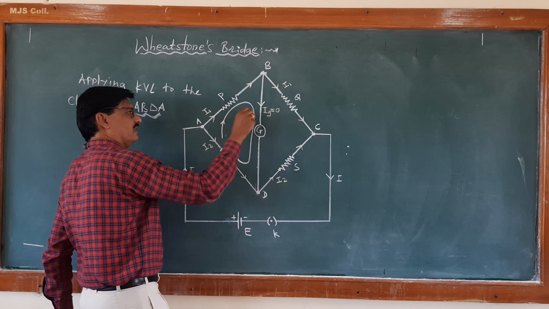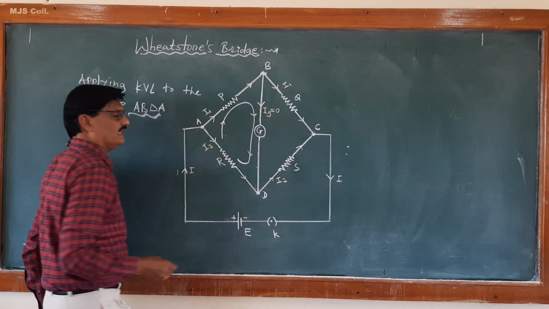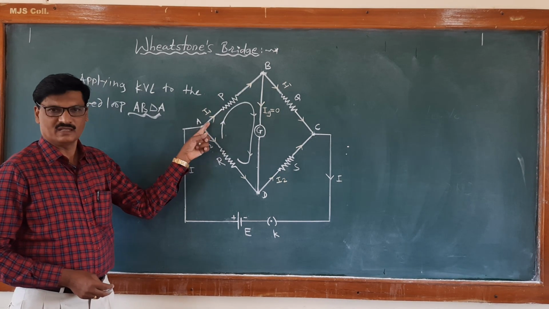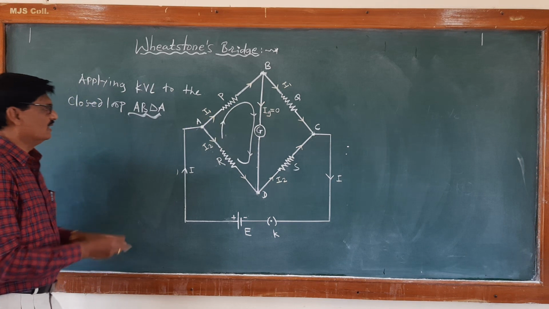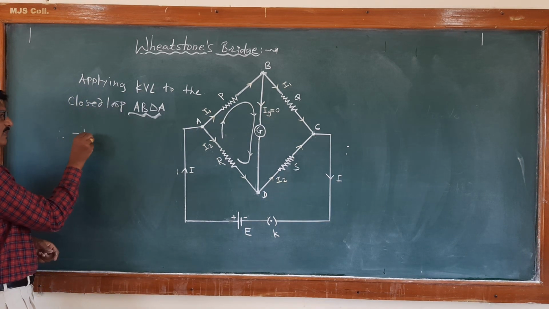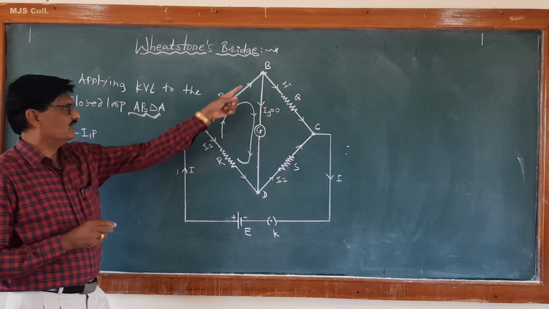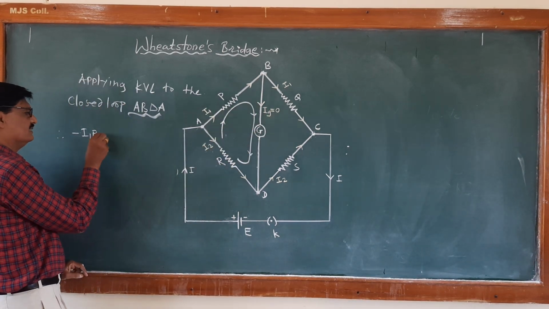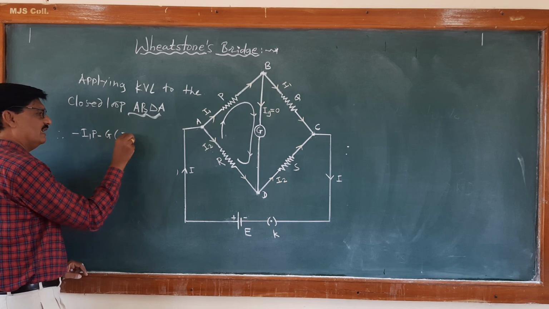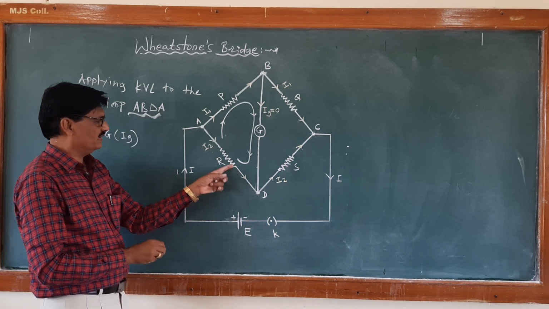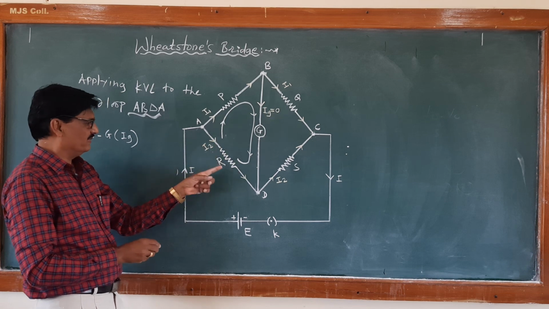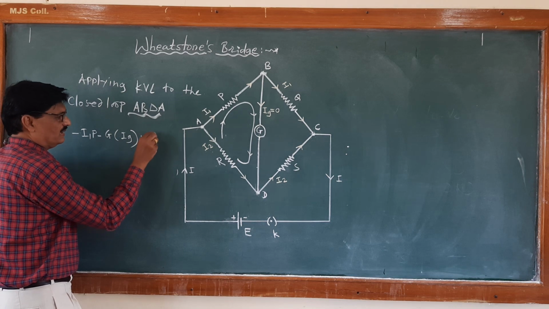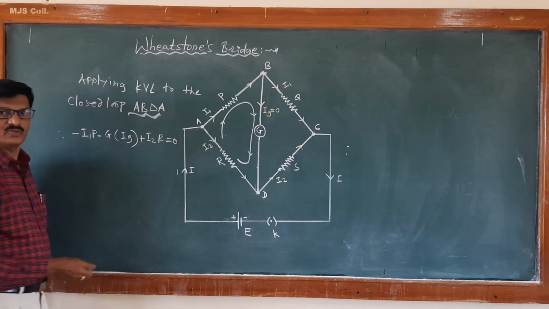This is the path of current in this way, and we know the sign convention: potential difference taken in the direction of conventional current is negative, and therefore we write minus I1 times P. Then coming to this side, minus G times Ig, and potential difference taken against the direction of conventional current is positive, therefore plus I2 times R, equal to 0.